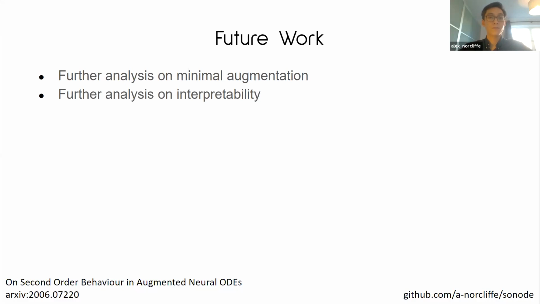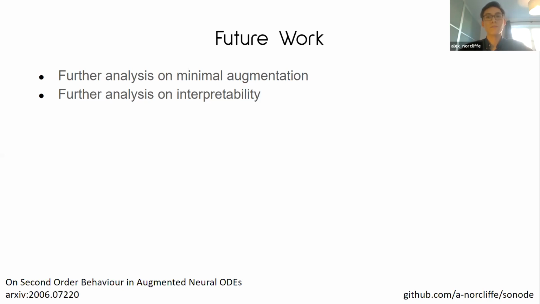Further analysis on interpretability. We saw that ANODEs can learn quite different augmented trajectories functionally. So it would be interesting to see, depending on the initialization, how much those change. If you initialize it slightly differently, how much will the trajectory change?